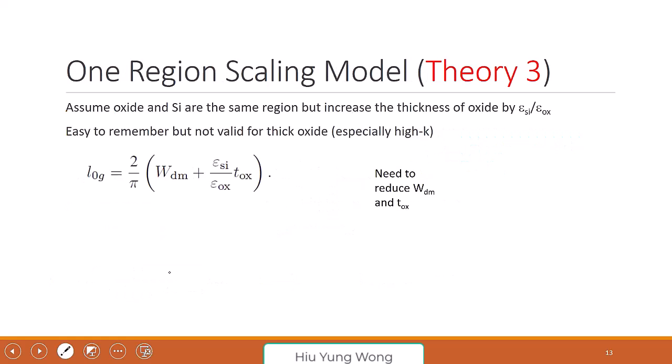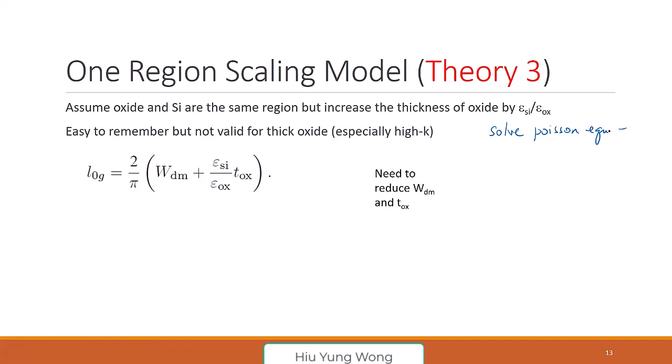Now, so this is not good. Then people come up with another theory. The equation is even longer. I don't bother to put it in the slides. But the main point is this. They try to solve the Poisson equation. But why do they solve the Poisson equation?